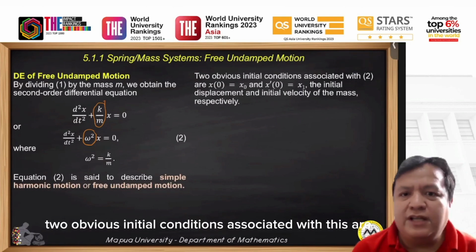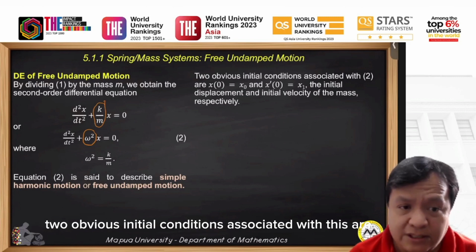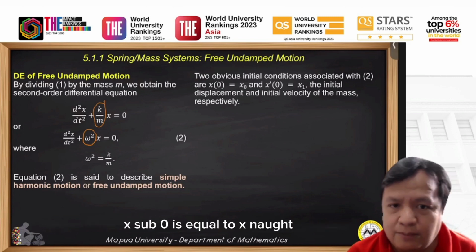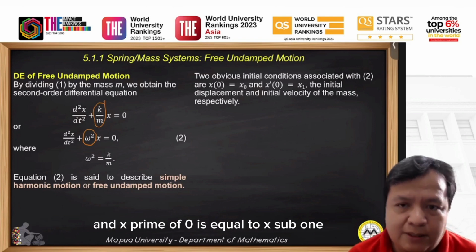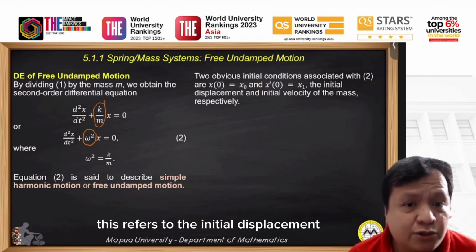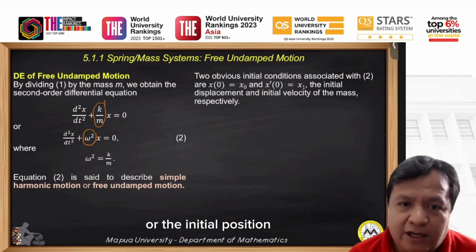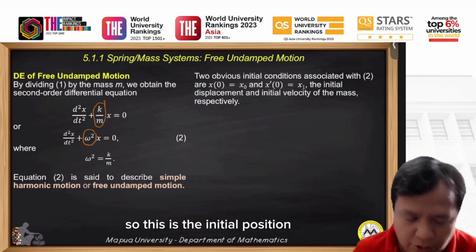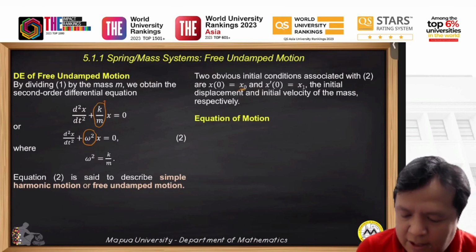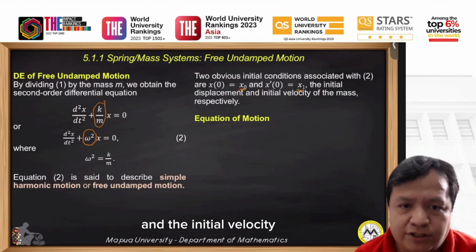Two obvious initial conditions associated with this are x of 0 equal to x naught and x prime of 0 equal to x sub 1. This refers to the initial displacement, or the initial position, and the initial velocity of the mass.